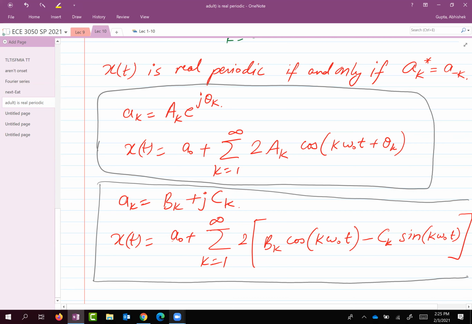So depending on how you represent a k, you can get a slightly different form of x(t), but the two forms are equivalent. You can go from this form to this form and vice versa.